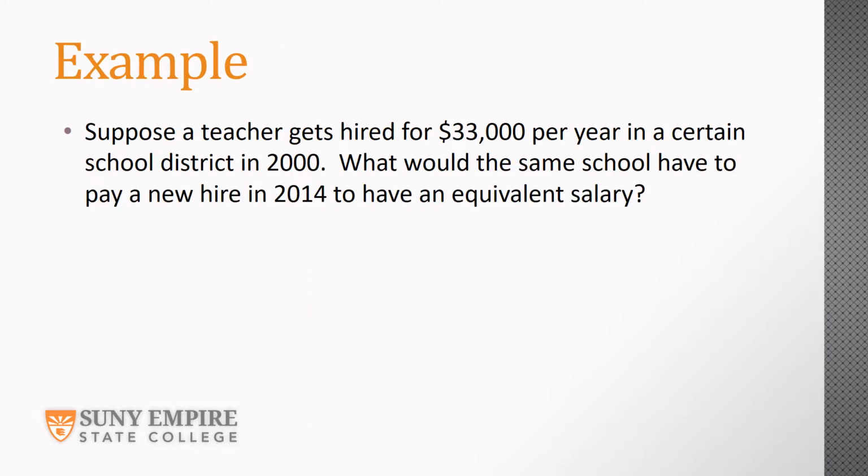Suppose a teacher gets hired for $33,000 per year in a certain school district in the year 2000. What would the same school have to pay a new hire in 2014 to have an equivalent salary?